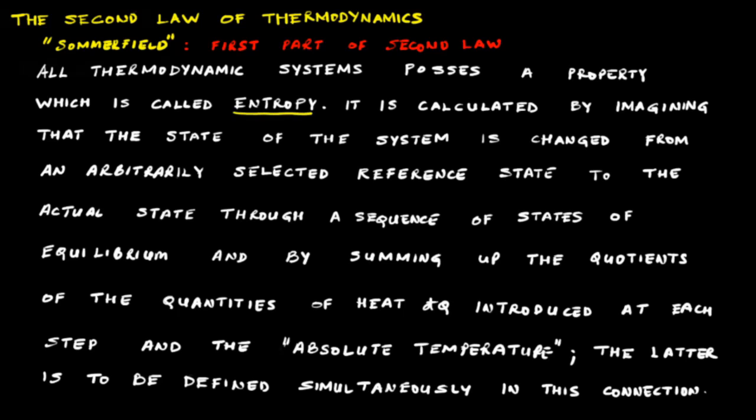This property, entropy, is calculated by imagining that the state of the system is changed from an arbitrarily selected reference state to the actual state through a sequence of states of equilibrium, and by summing up the quotients of the quantities of heat dq introduced at each step in this sequence of equilibrium states, and this heat dq is divided by the absolute temperature.